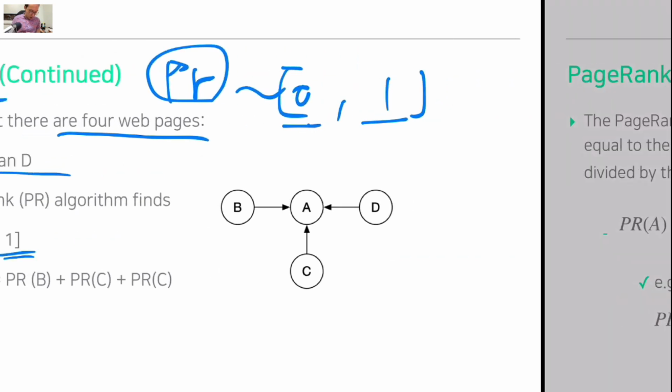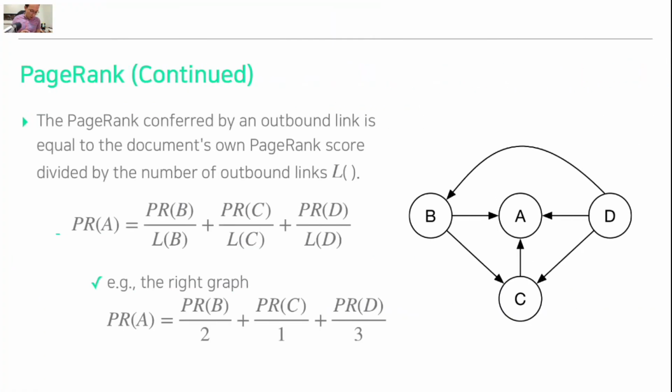Another assumption is we also need to count the outbound link. So make it a little bit more complicated and more precise.